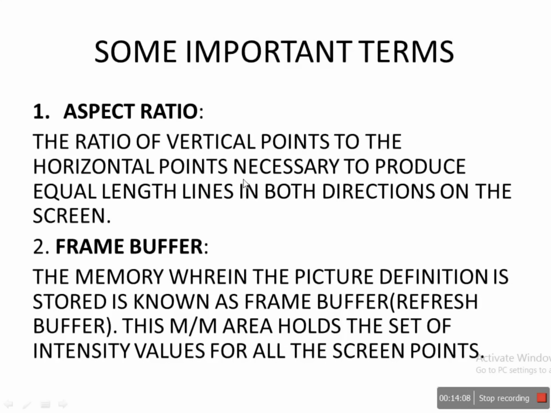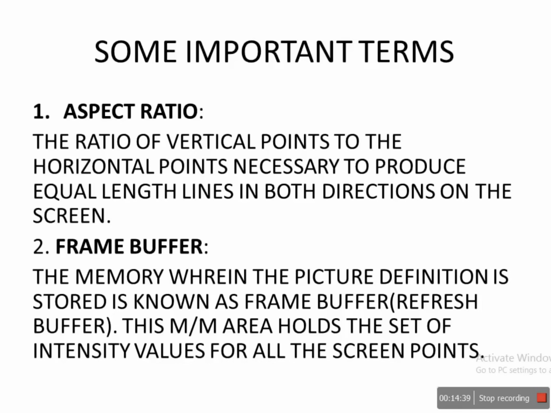For example, 16:9, you must have seen this ratio, or 4:3. If you have not seen this, just open your video player, Windows Media Player or VLC player, and click the A button. It will show you different aspect ratios, 4:3, 16:9, 2.23:1, something like that. So basically it is a ratio of vertical and horizontal points.